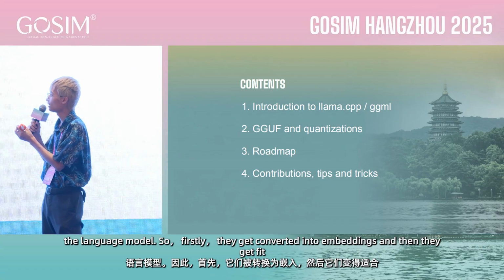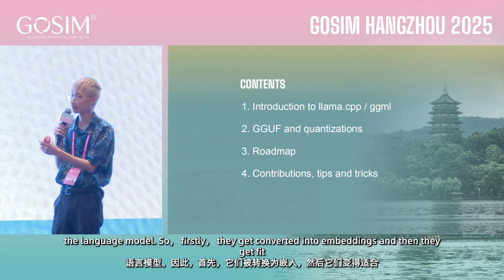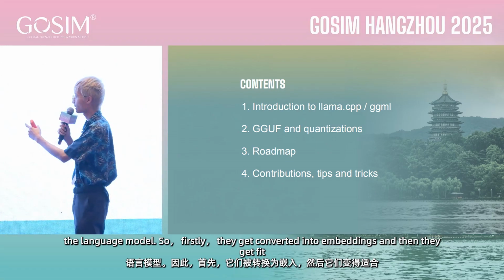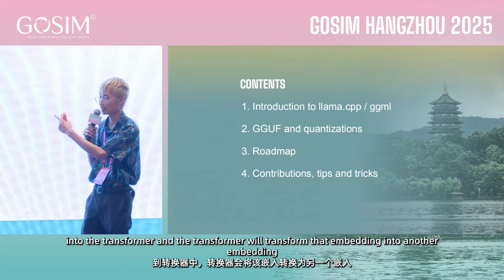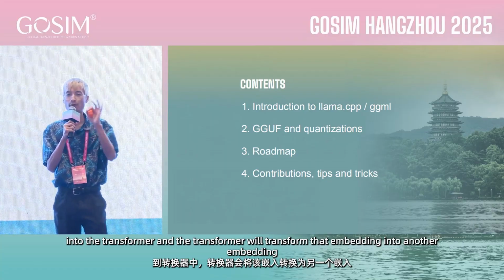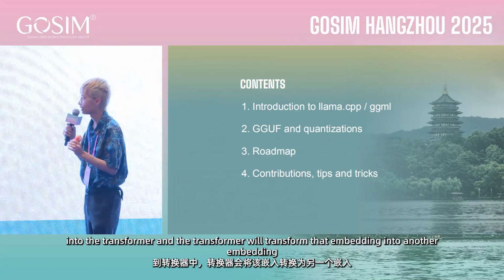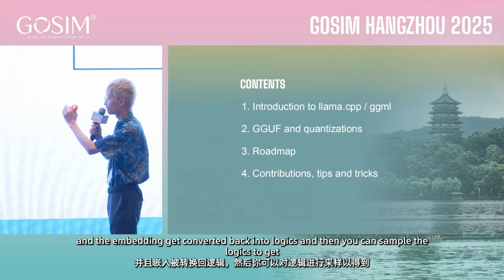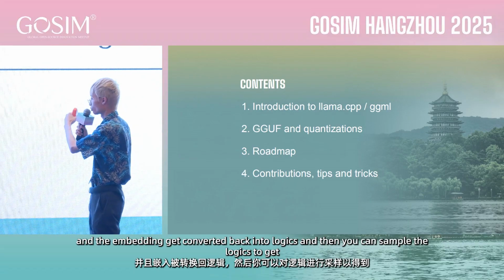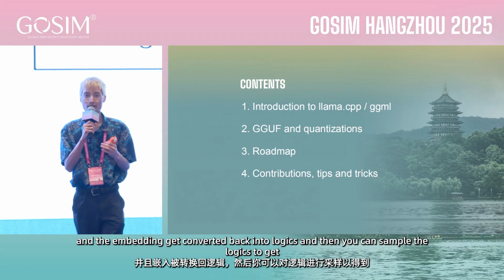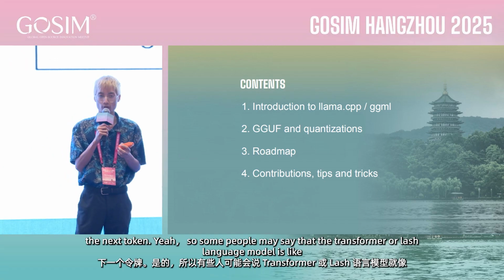Firstly, they get converted into embeddings, and then they get fed into the transformer, and the transformer will transform that embedding into another embedding, and the embedding gets converted back into logits, and then you can sample the logits to get the next token.